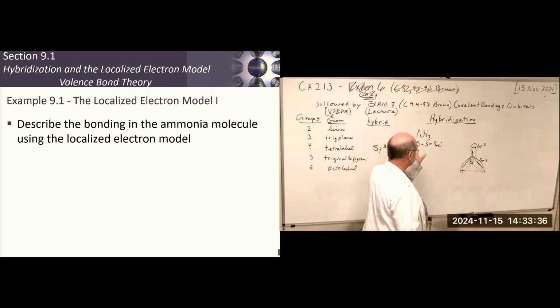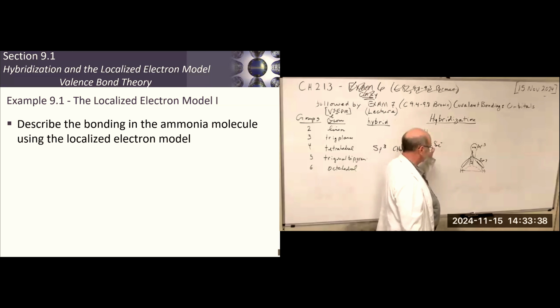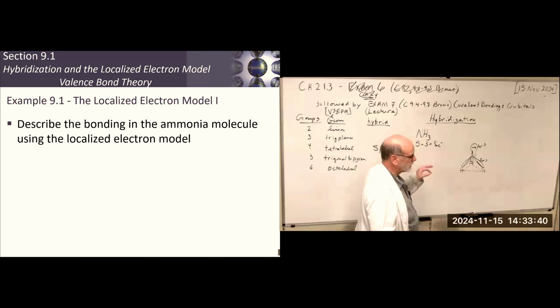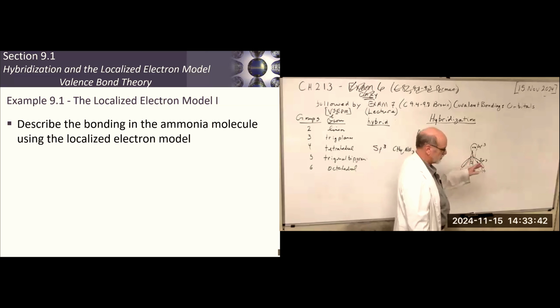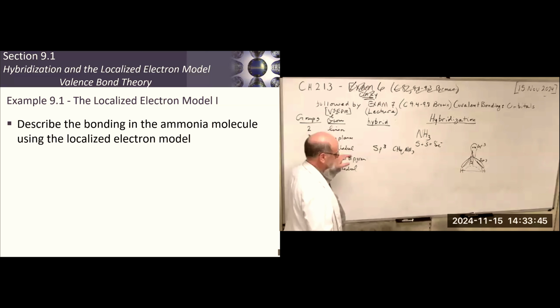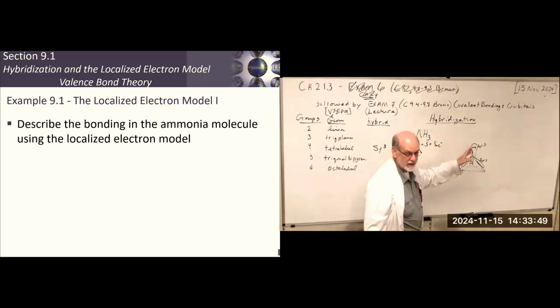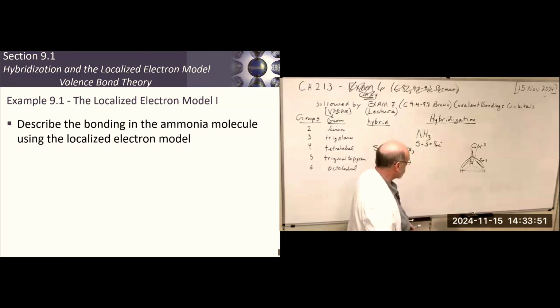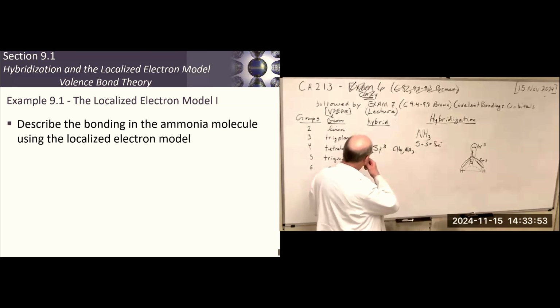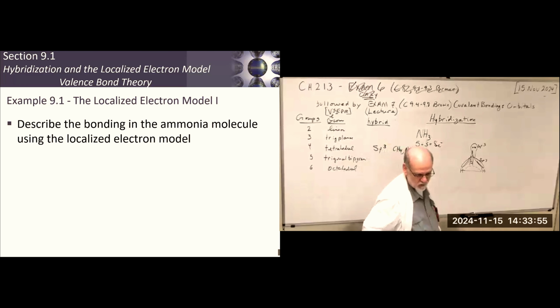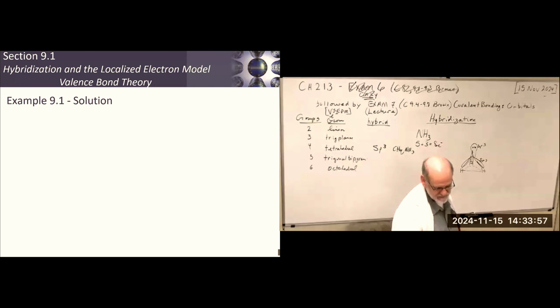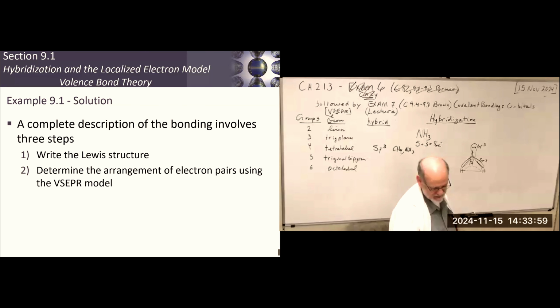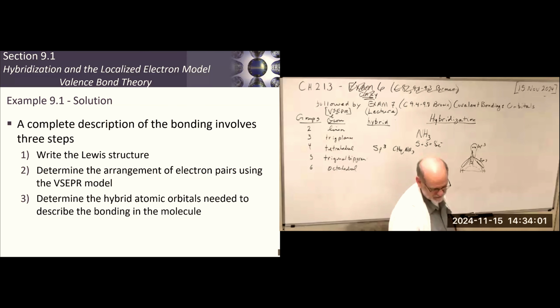So the point here is that you don't have to include only bonded groups in order to determine this hybridization. In this case, we had one lone pair that went into the hybridization. Those are just steps that you take.